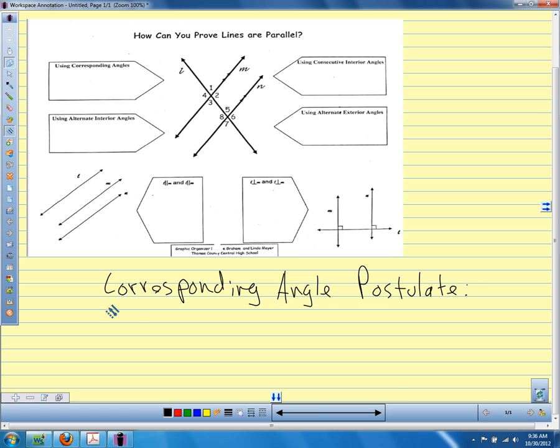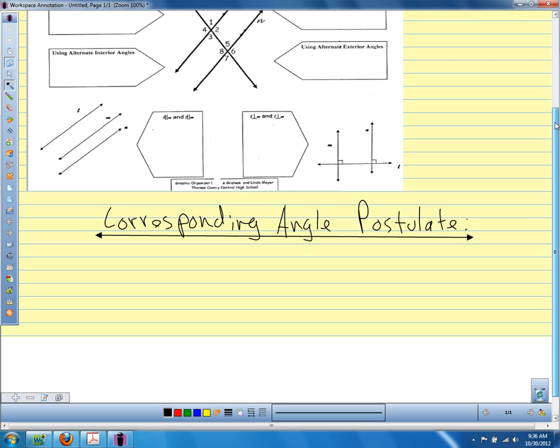Just another reminder: what do we mean when we talk about a postulate? Something we believe to be true, we accept as true without proof.